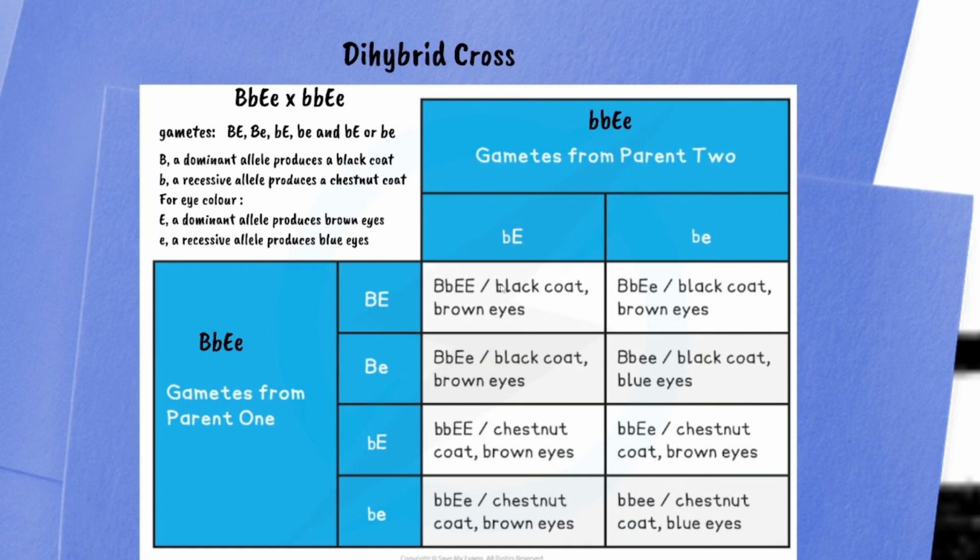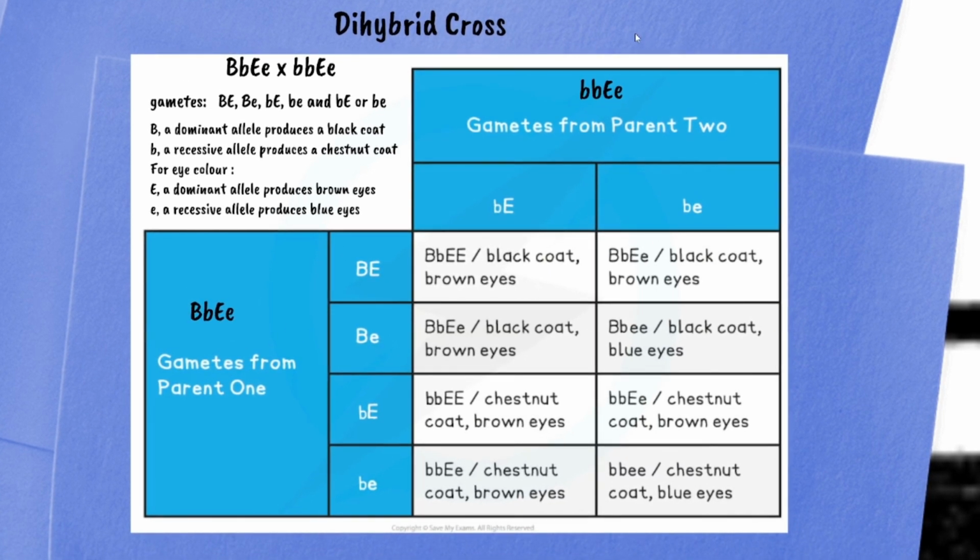Now, what happens in a dihybrid cross? In a monohybrid cross, we learn about only one type of gene being involved, right? In a dihybrid cross, it's di, so two types of gene are involved at the same time. Last time there was only a small b and a capital B here, but here we're going to compare two types of gene at the same time.